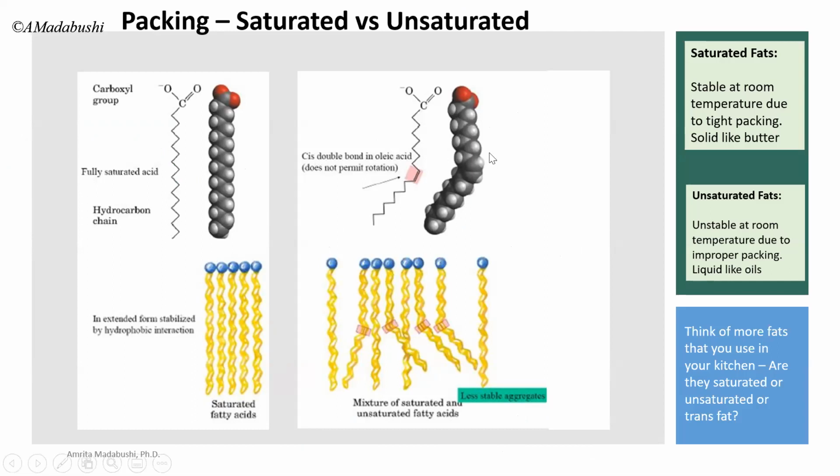However, if you talk about unsaturated fatty acids, they have these double bonds, which lead them to have funny kinks. These kinks make them not have a regular structure, which means they are liquid.